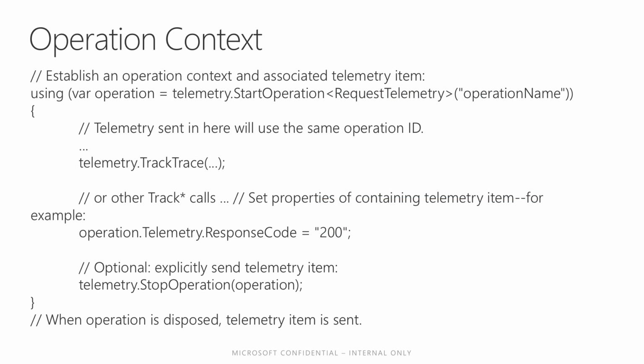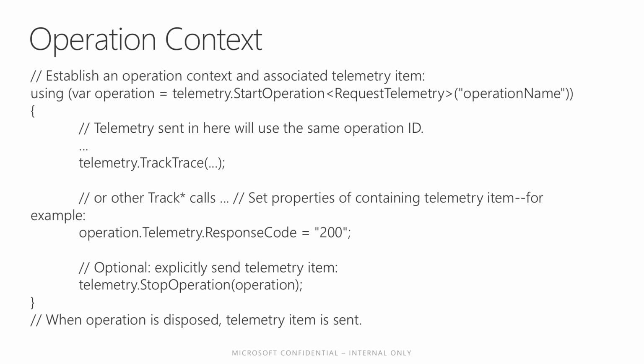So here's an example of what operation context tracking looks like. We make sure that we tie everything inside the using statements, so everything is correctly disposed when we finish this operation tracking. So the first thing we do is call start operation. Then we can call track trace at different sections of code, so we get that particular point in code, what exactly is occurring.